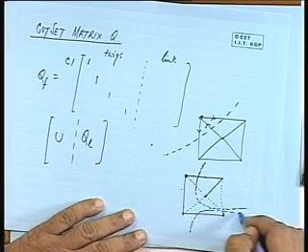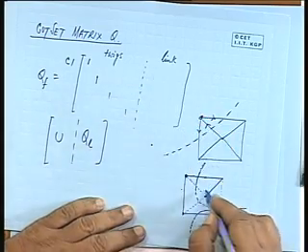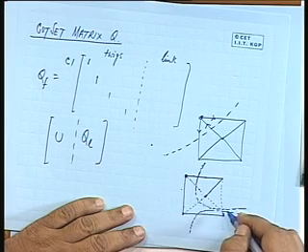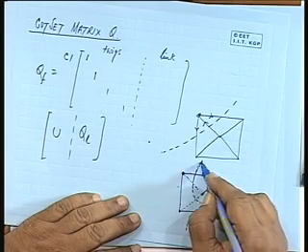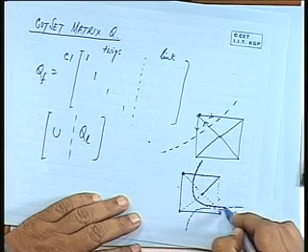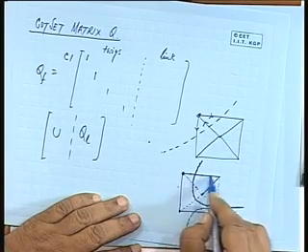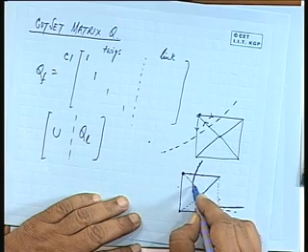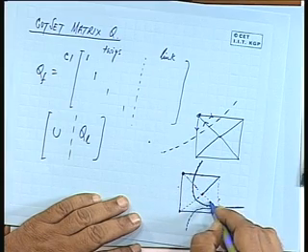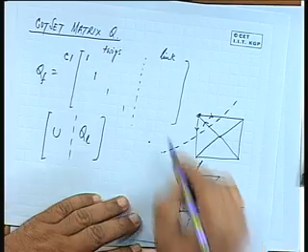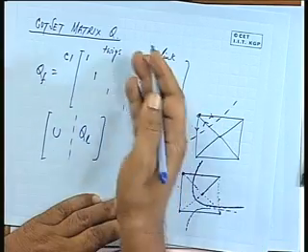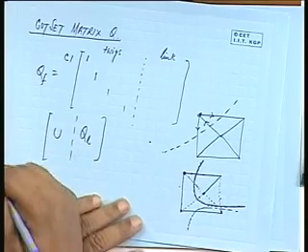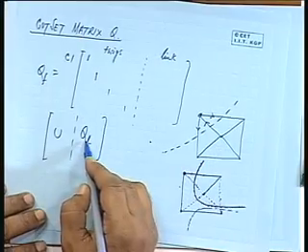For example, in this cut set, what will be the elements here? They will correspond to this one, this one, this one and this one, is it not? If I consider this cut set, cutting this tree element, then these 4 dotted lines will be coming here. 4 dotted lines means 4 link elements. So, that will give me the submatrix QL.